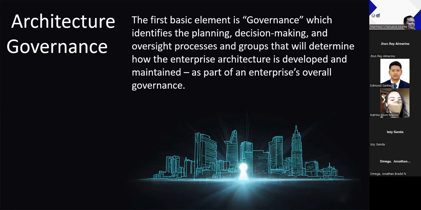The first basic element is governance, which identifies the planning, decision making, and oversight processes and groups that will determine how the enterprise architecture is developed and maintained as a part of an enterprise's overall governance.